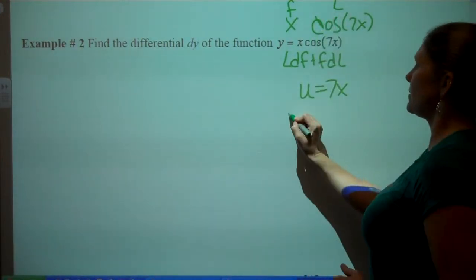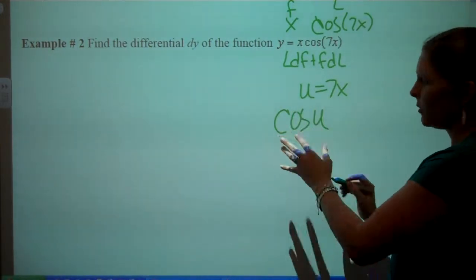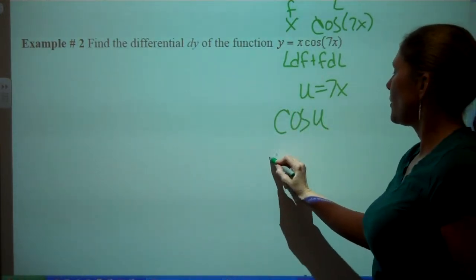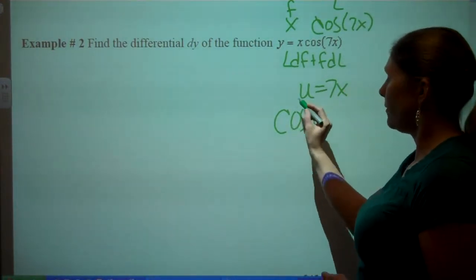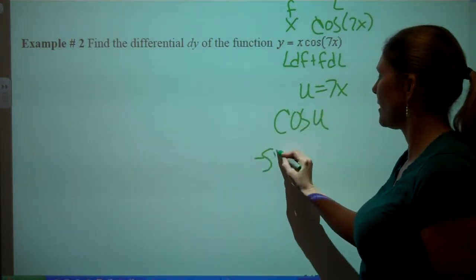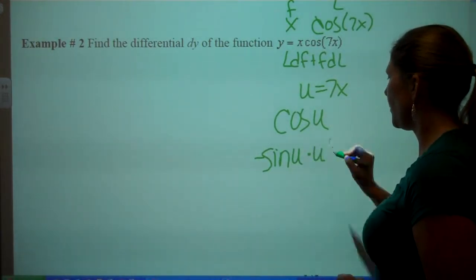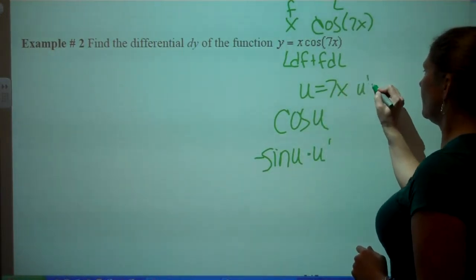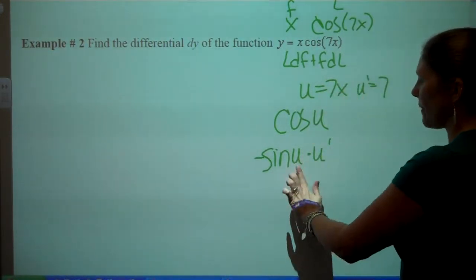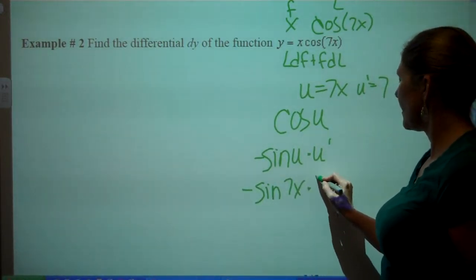If you rewrite this, cosine u, what's the derivative of cosine u? Remember, the derivative of cosine is negative sine, evaluated at u, times u prime. Well, what's u prime? u prime is 7. I plug everything back in, negative sine 7x times 7.